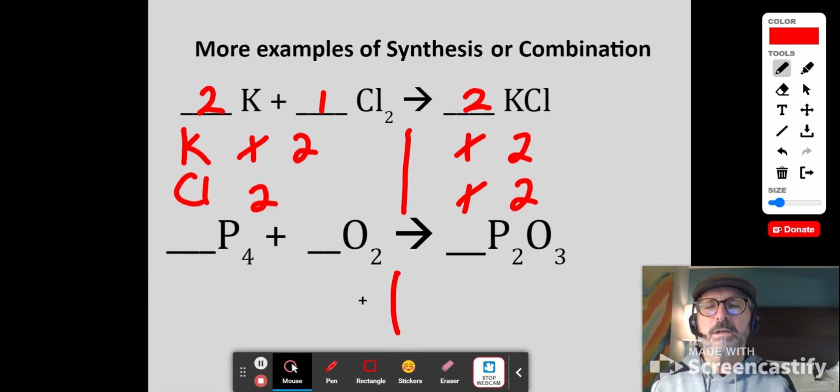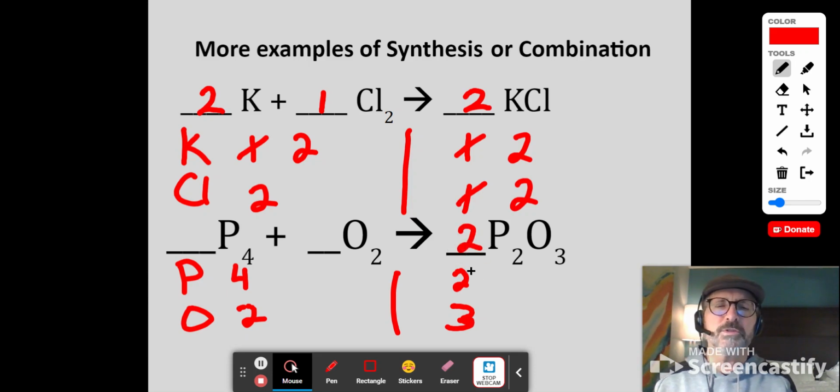Same here, phosphorus and oxygen, phosphorus 4, phosphorus 2 here, oxygen 2, oxygen 3. All right, so let's start with the phosphorus. If I double that molecule, use the coefficient 2, as the coefficient's all I can do, that makes this 4.